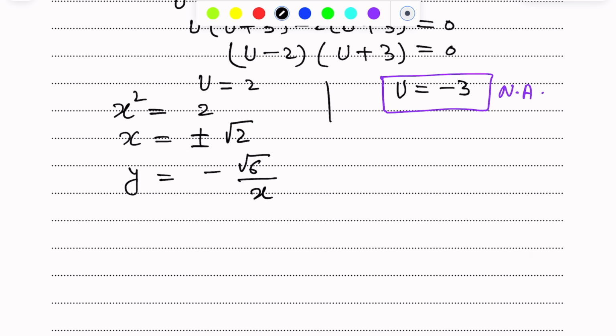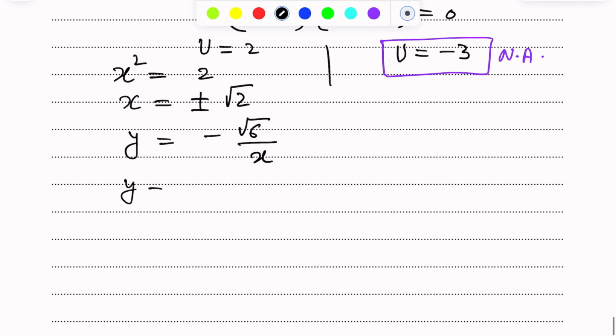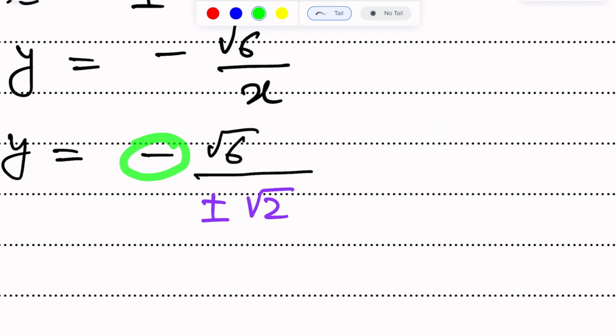Now putting this value of x, since x is equal to plus minus under root 2, we get y is equal to minus under root 6 over plus minus under root 2. Under root 6 over under root 2 gives under root 3, but this negative sign will make this plus minus into minus plus, because plus minus is multiplied by minus 1.